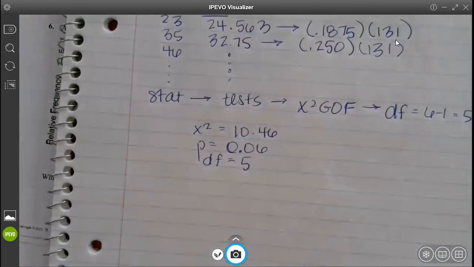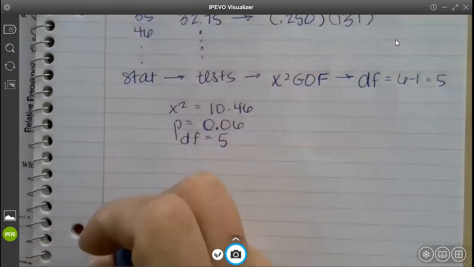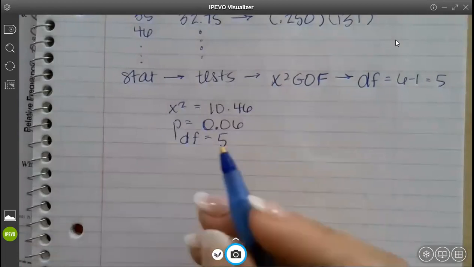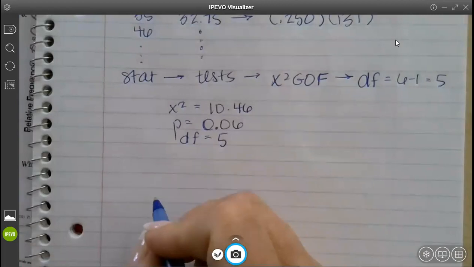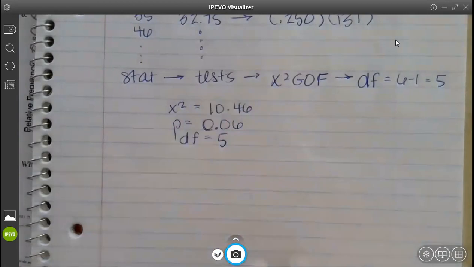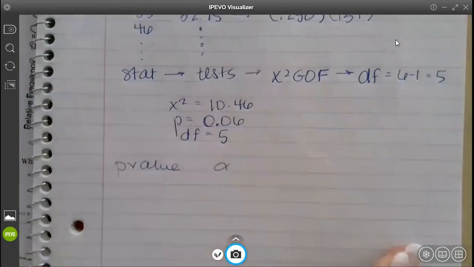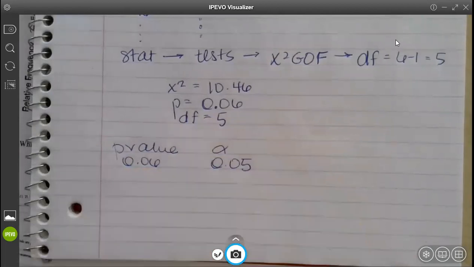So then we need to conclude. How do we conclude? It's the same thing we've been doing for weeks and weeks. Guys, come on. How do we conclude? Why do we get a p-value? Yeah. We compare our p-value to alpha. Our p-value is 0.06. Our alpha is 0.05. Again, if they don't state it, use 0.05. If they do state it, whatever they state is what you want to use.